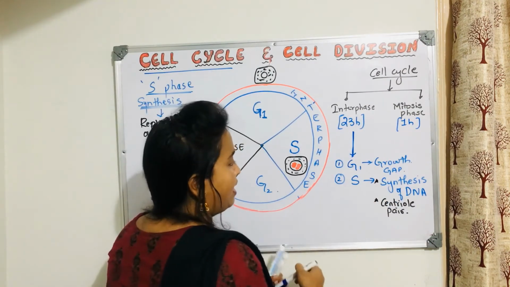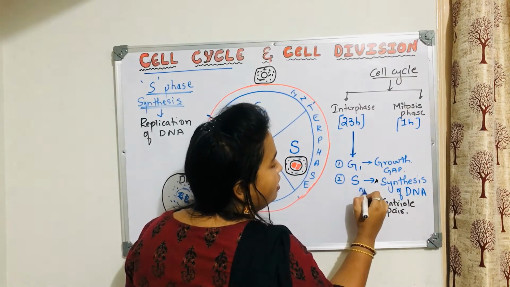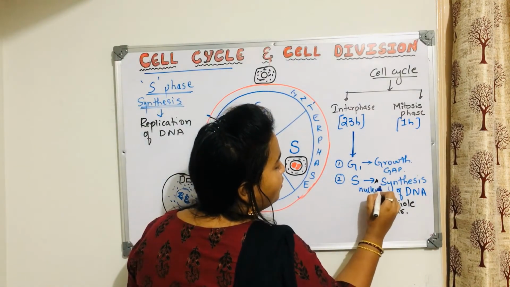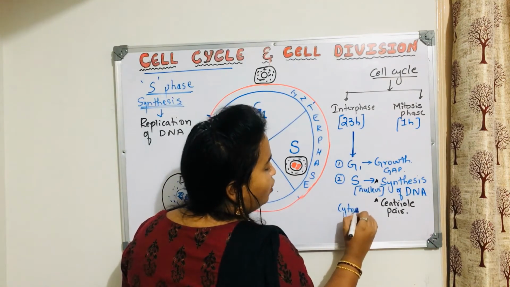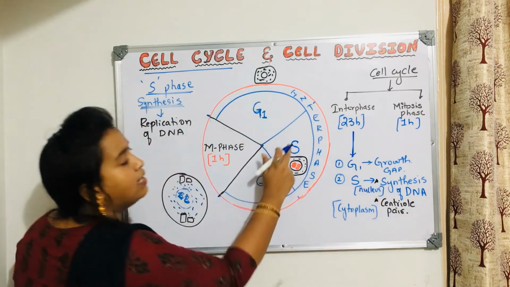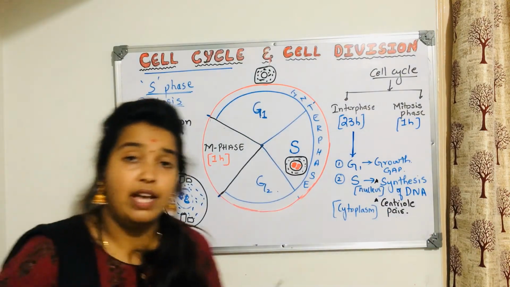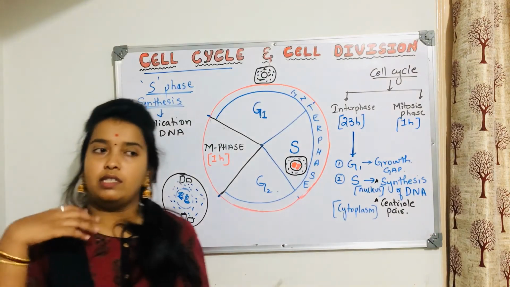Synthesis of DNA happens in the nucleus, while centriole duplication happens in the cytoplasm. All these things happen in S phase, and S phase is a part of interphase. Clear?